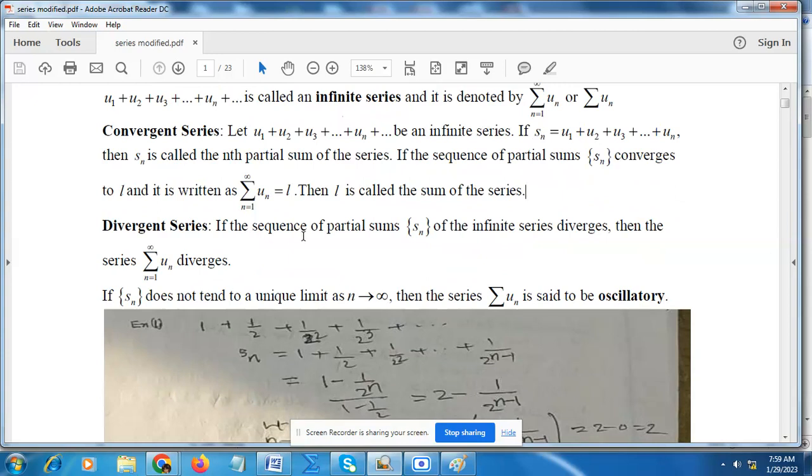If the sequence of nth partial sums diverges, then the series diverges. If the nth partial sum converges, then the infinite series converges. If the nth partial sum diverges, then the infinite series diverges.